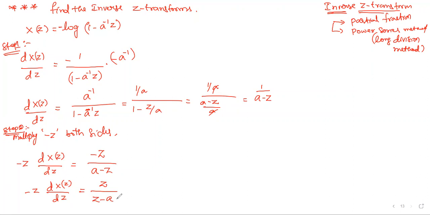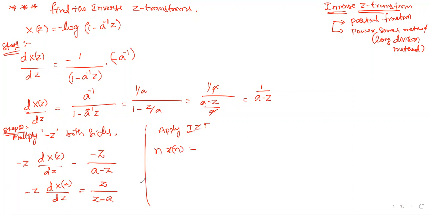Now, if we apply the inverse Z transform, minus z into dX of z by dz. What is the property? Multiplication by n in the time domain: n into x of n equals, what is the signal? z by z minus a.